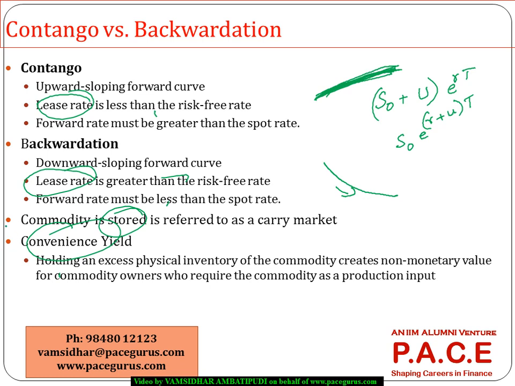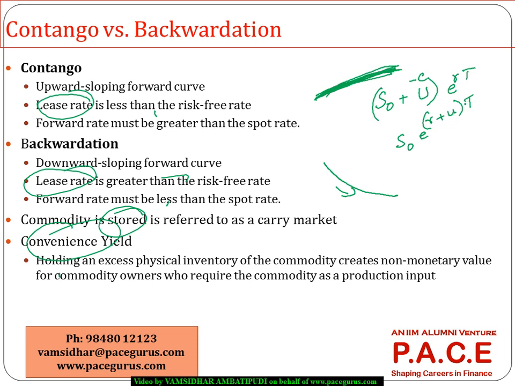It could be because probably you can lease it to someone else, right? If you are holding the commodity today, you can lease it to someone else, you can do various other things. So wherever there is a benefit associated with holding the commodity, that benefit is what we call the convenience yield.